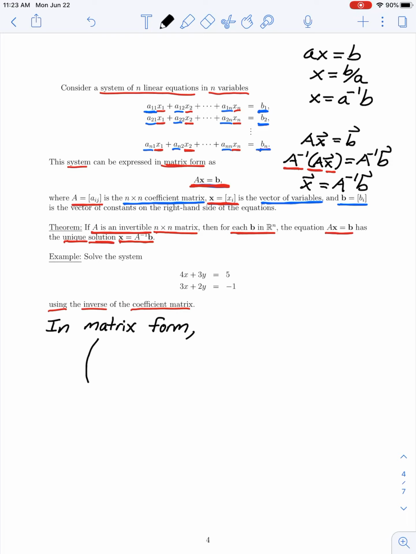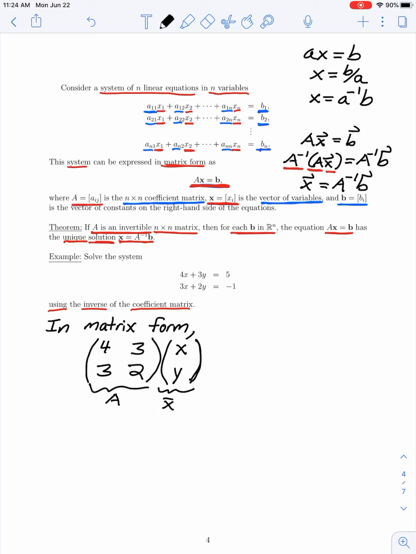So we would have a coefficient matrix where the coefficients in our first equation are 4 and 3, and the coefficients for x and y in our second equation are 3 and 2. So this is my coefficient matrix, what we've been calling A, times some vector of variables. Now here, my variables were x and y. We could have maybe also called them x1 and x2 if we prefer.